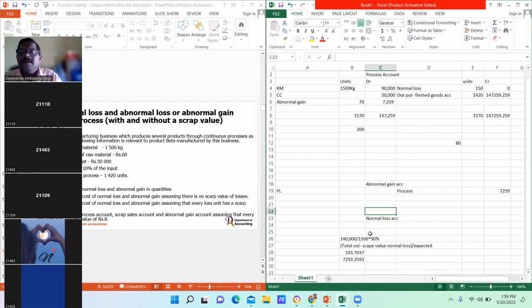Okay, all right. Then part B, you see, there is 8 rupees normal loss per unit. Then what happened here is this calculation will change because you have the scrap value. Now what I will do is I will change it slightly.